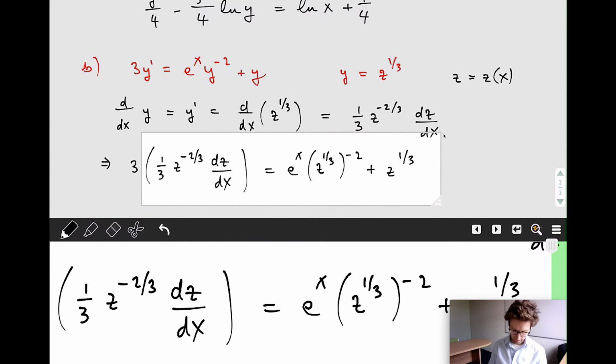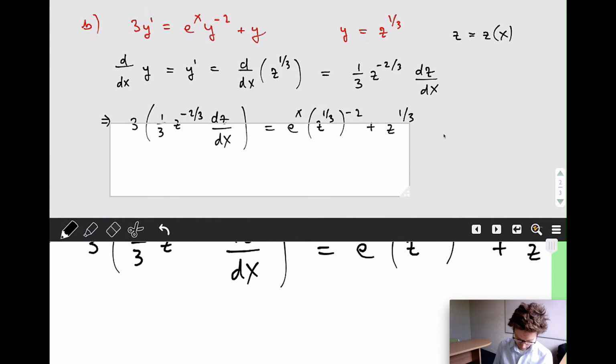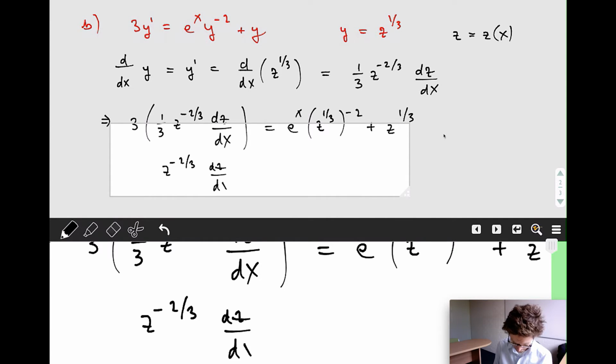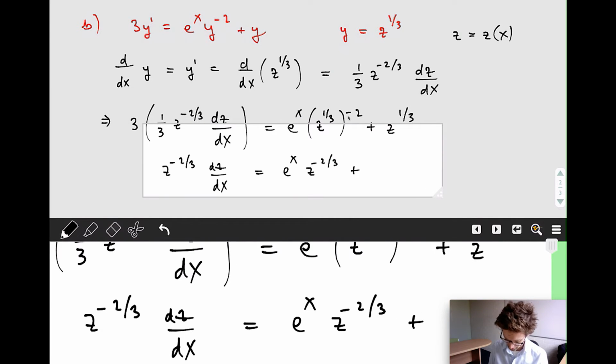So let's tidy this up a little bit, see if it makes some sense. I've got 3 divided by 3, which is 1, z to the minus 2/3 dz dx equal to e to the x times z to the 1/3 all to the power of minus 2, so that's z to the minus 2/3, plus z to the 1/3. You can see here that I've got this factor of z to the minus 2/3.